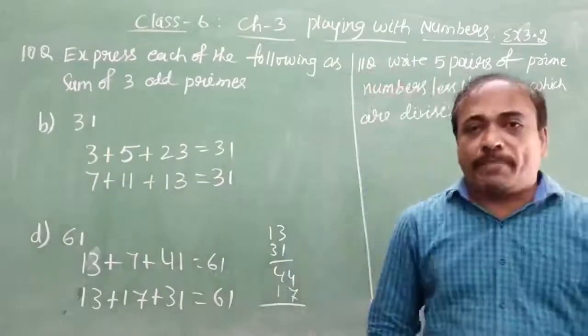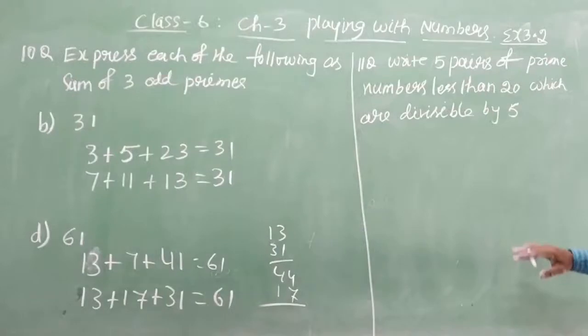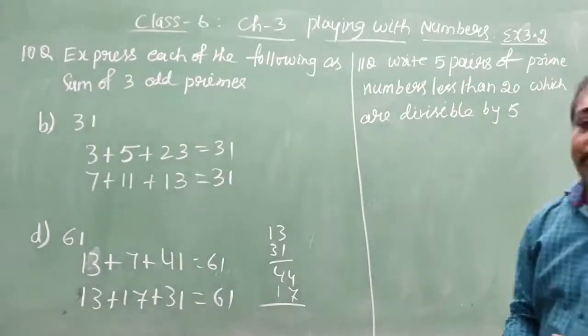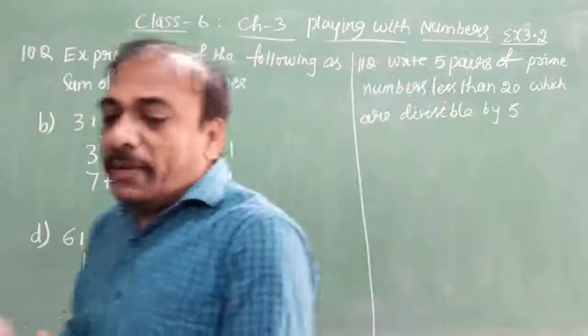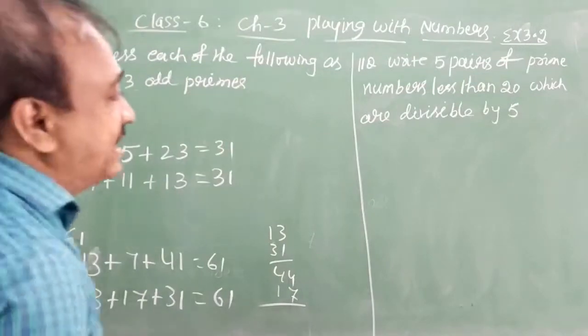Let us see question number 11. Write 5 pairs of prime numbers less than 20 which are divisible by 5. They must be divisible by 5, and they must be pairs. Pairs you have to write down, and they must be less than 20.